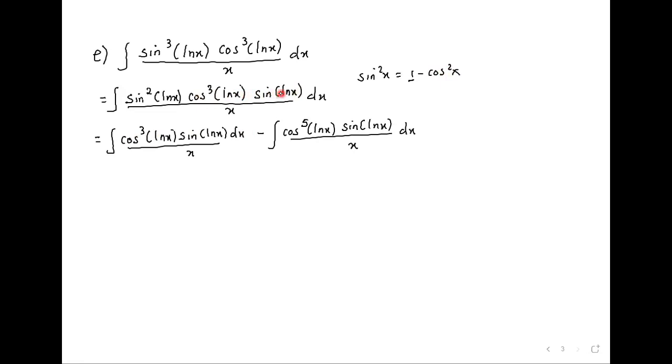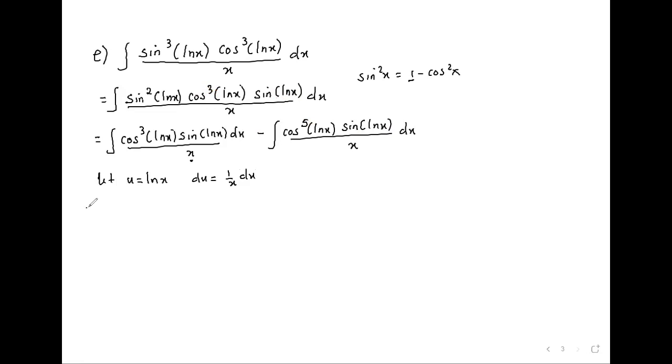So here you have cos^5, because we're adding, and then everything else comes with the minus. Then, because of the x down here, we let u be ln x first, so that its derivative du becomes 1 over x dx.